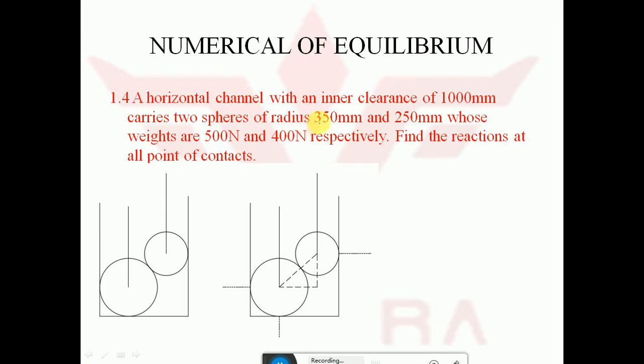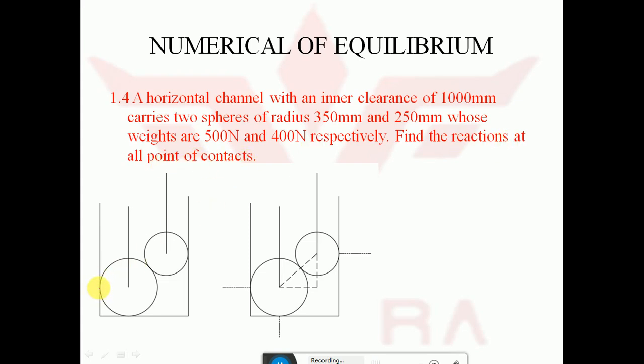It carries two spheres of radius 350 mm and 250 mm, whose weights are 500 Newton and 400 Newton respectively. Find the reactions at all the points of contact.